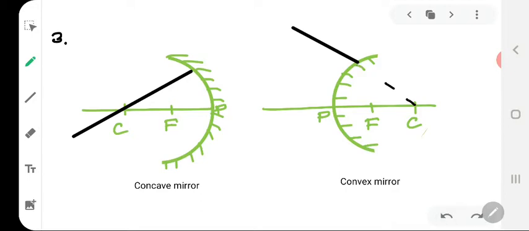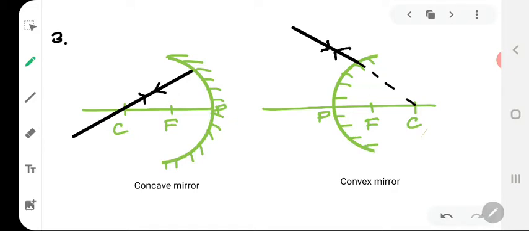Just let me mark it properly. Yes. So it is found that any ray of light which is passing through the center of curvature or which is directed towards the center of curvature retraces its path after reflection from the mirror.